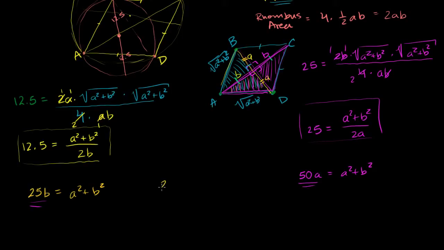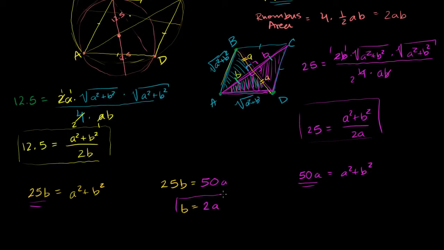So we get 25b must be equal to 50a. They're both equal to a squared plus b squared. Now, divide both sides by 25, you get b is equal to 2a.